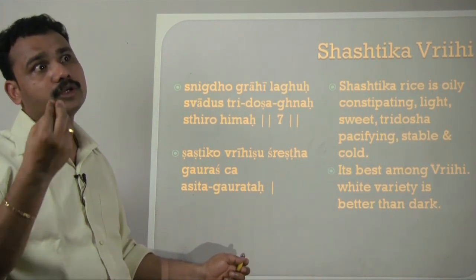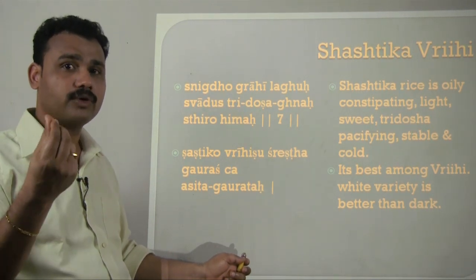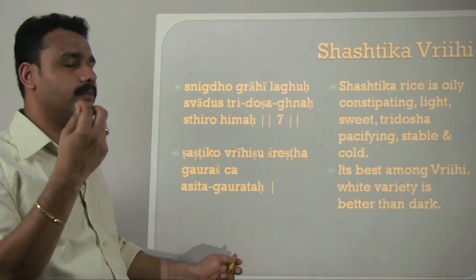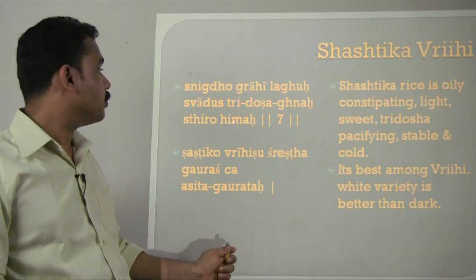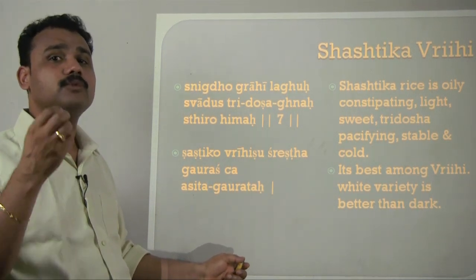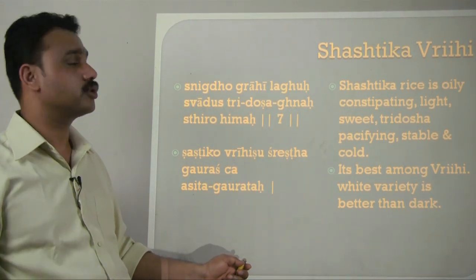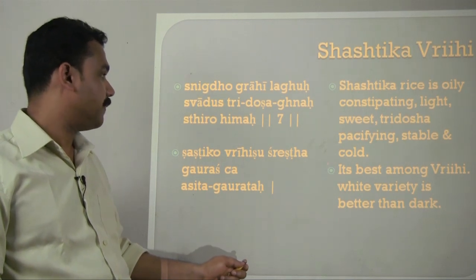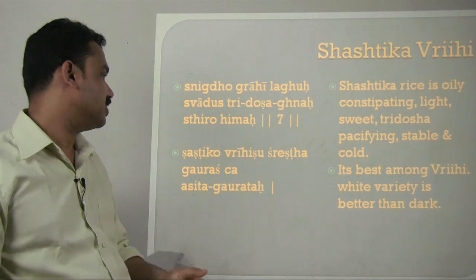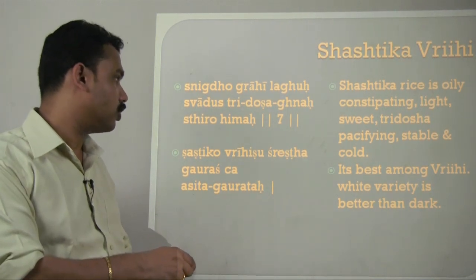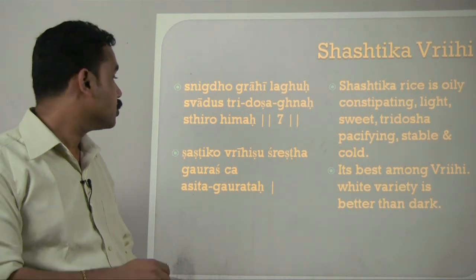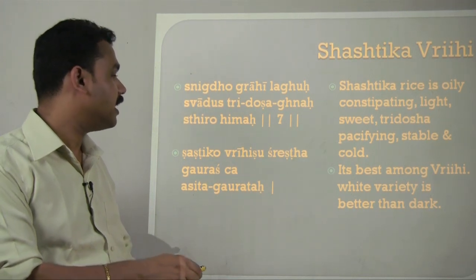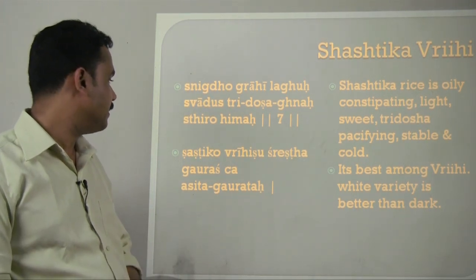In cooked rice and cooked wheat, the wheat is more firm and the cooked rice is more sladhana, more loose or more soft. But this specific variety is more stabilizing. It makes the tissues more stable, and because of these reasons, it is vrihishu sreshtha. It is best among vrihis. Sreshtha means best, or the superior-most.